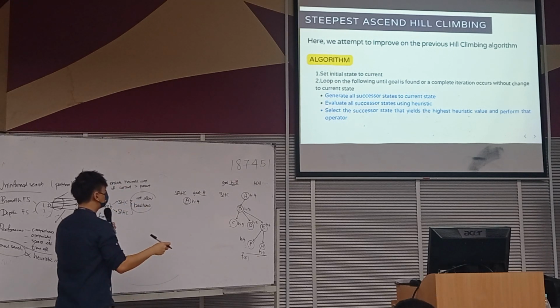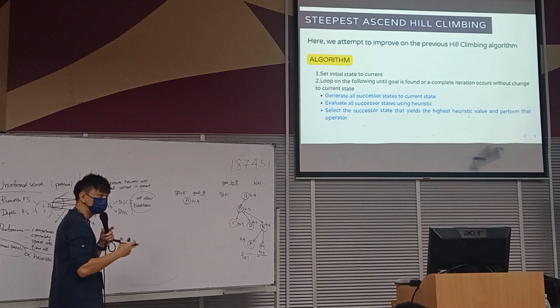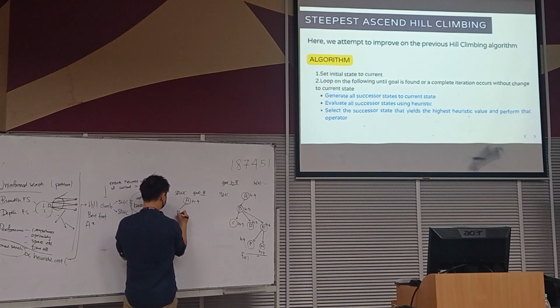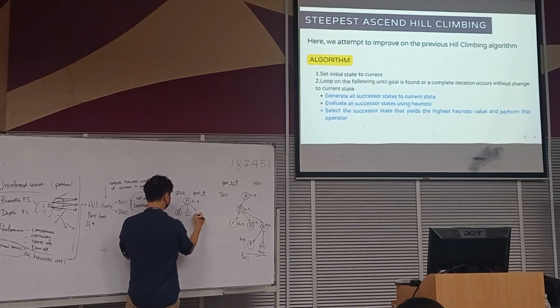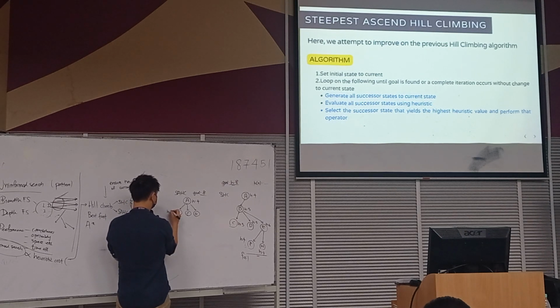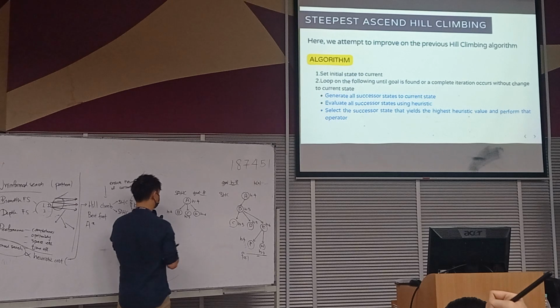If you look at these algorithms, it states: generate all successor states. You generate all, just like breadth-first. Let's say you have B, C, D. You calculate the cost. Let's say this is 4, this is 5, this is 6.